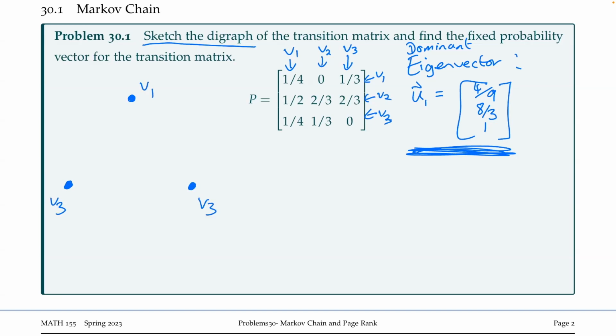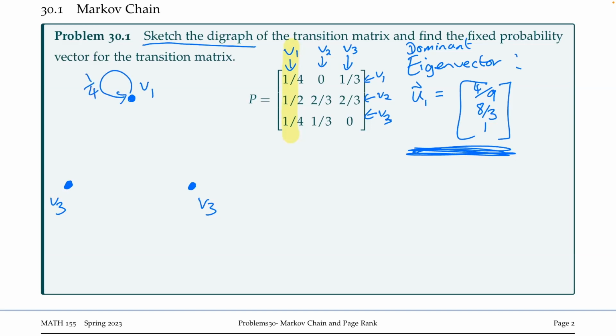I'd advise either going down a column or going across the rows, okay? The reason being that you're less likely to make a mistake. So I'm going to go down the column. So this column here represents everything that's leaving V1, okay? So the first entry is just V1 to V1, which has weight 1/4.